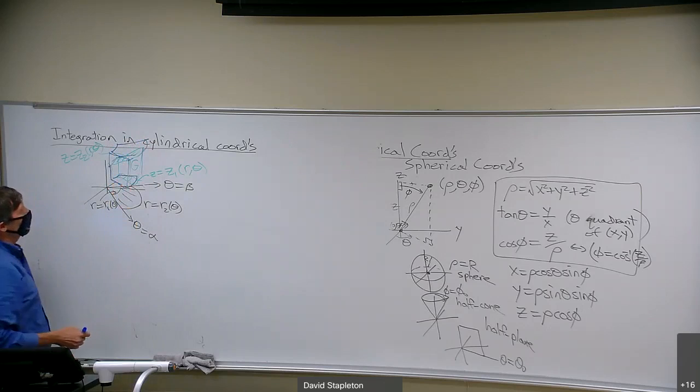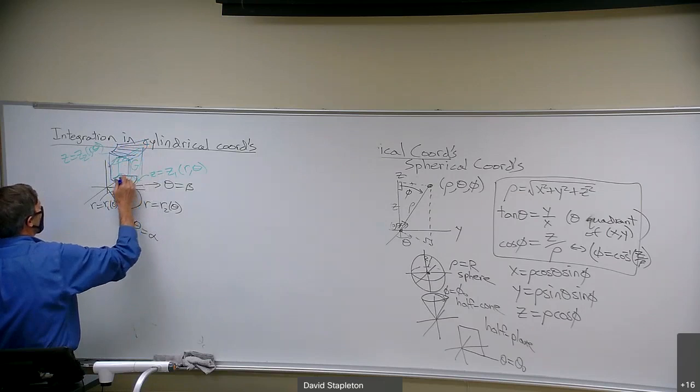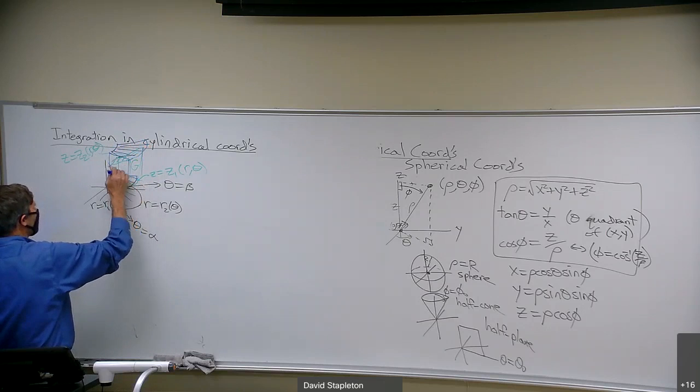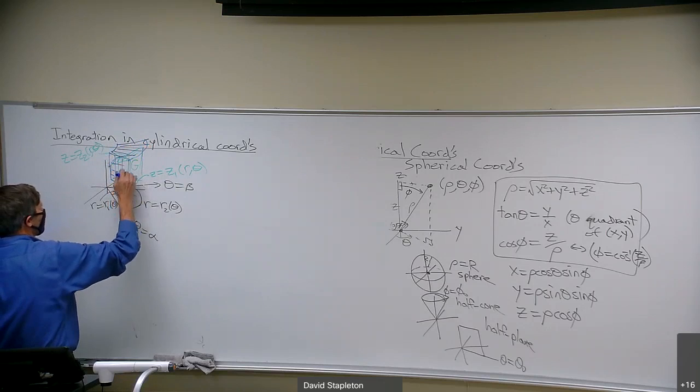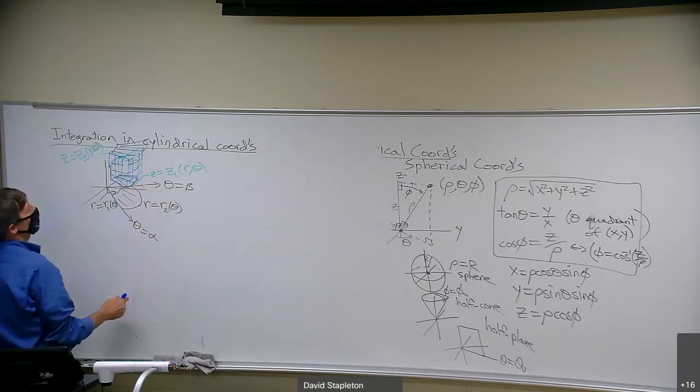And we take this big region and we partition it in theta. We partition it in Z. And we partition it in R. And so we break it up into a whole bunch of subsolids like that.